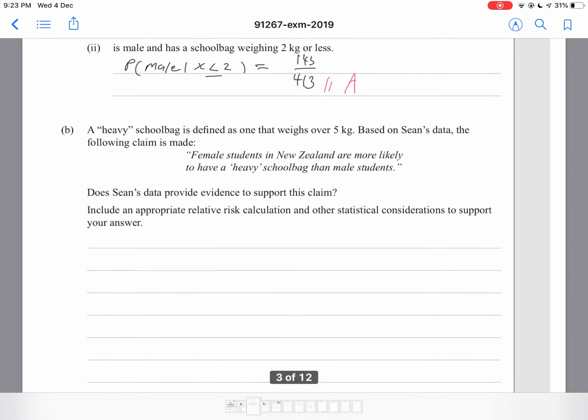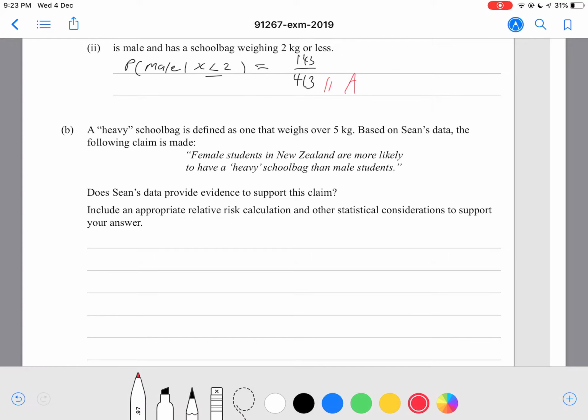A heavy school bag is defined as one that weighs over 5 kilograms. Based on Sean's data, the following claim is made. Female students in New Zealand are more likely to have a heavy school bag than male students. Does Sean's data provide evidence to support this claim? So we're looking at the weights over 5 kilograms, so from 6 to 18, and we're trying to compare the relative risk of a female having a heavy bag compared to a male having a heavy bag.